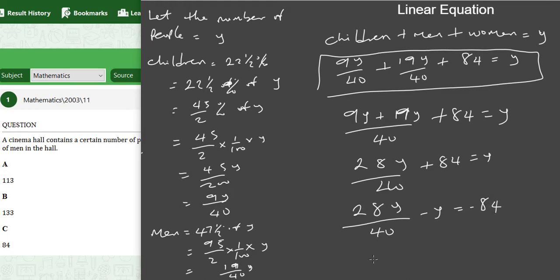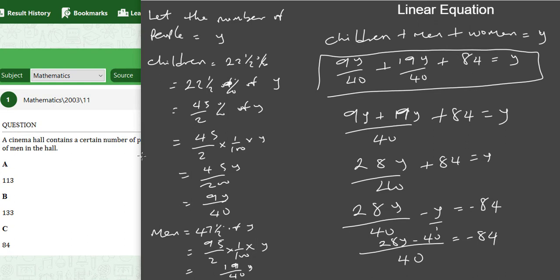So you can do the rest of the math. Here you can just take the LCM. So this is over 1, and that will give you 40. 40 in 40 is 1, times 28y, that will give you this. 1 in 40 is 40 times y, that's minus 40y, equals minus 84.